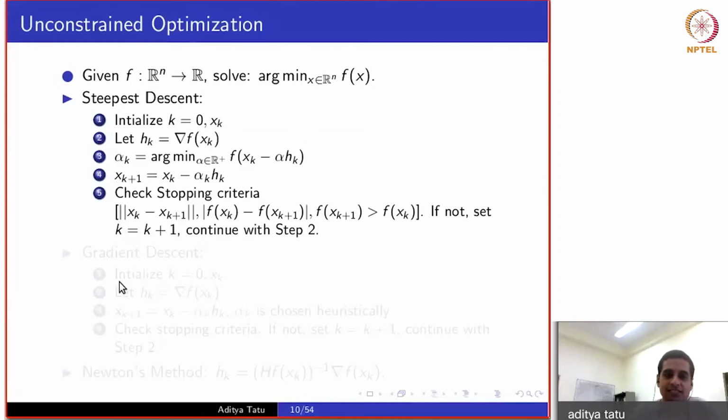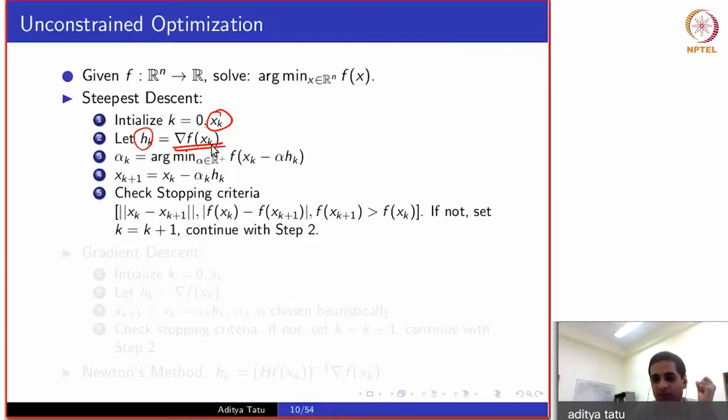In gradient descent, you basically start with a random point xk. This is the direction, the gradient, let's call it hk. Again, don't get confused between hk and h from the previous slide; it's a new notation. hk is the gradient of the function f at the point xk.